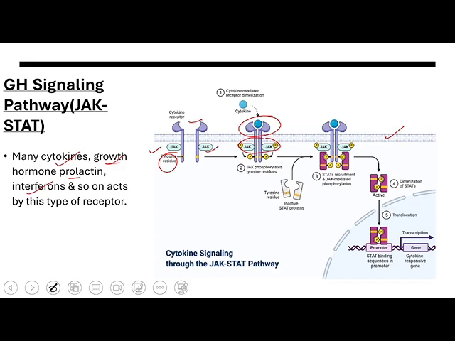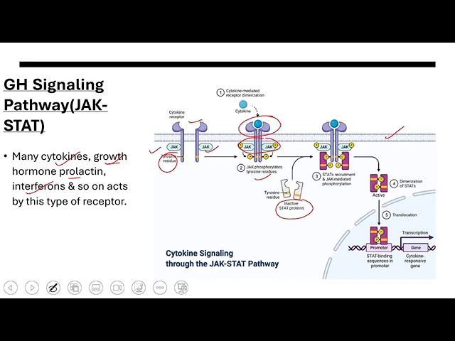And once the JAK gets phosphorylated in the tyrosine residues, then the various inactive STAT proteins present in the cytosol get incorporated to this phosphorylated JAK, and that again leads to the recruitment of various receptors, as well as the activation of these JAK-STAT receptors.